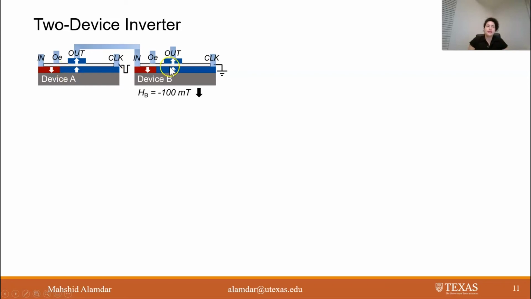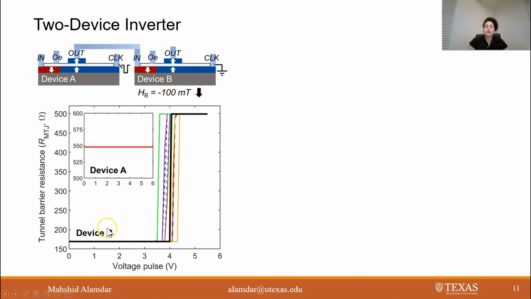To then read device A while writing device B, a voltage pulse is applied between clock A and clock B, and this figure shows for 10 reinitialization cycles that the current through device A switches device B from parallel to antiparallel, with an average switching voltage of 4.06 volts, which is bolded in black, and variation of 10%, while device A is still parallel.